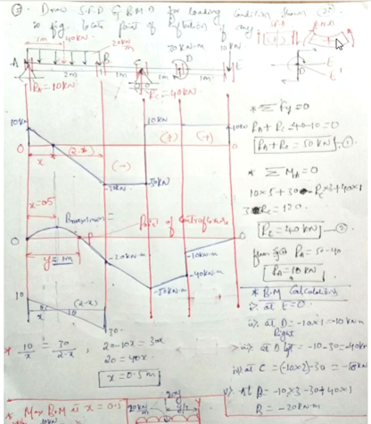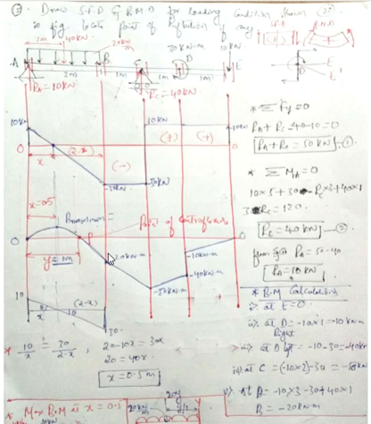If the beam is bending upward, then it is positive. If it is bent downward, then we'll take it as negative. So a clockwise bending moment, while drawing the bending moment diagram, we are going to take as negative.